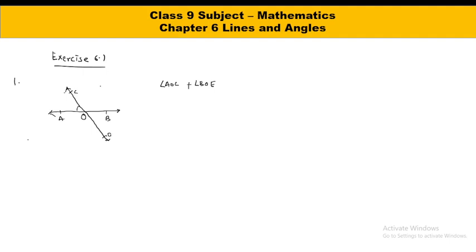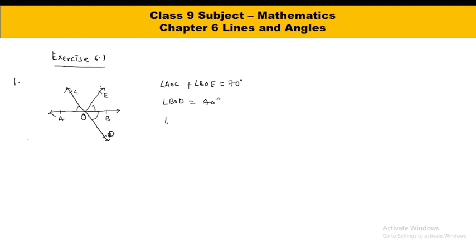You cannot see E here, so it will be a ray OE which is given in this figure from point O. So angle AOC plus angle BOE, when we add together, is given as 70 degree, and angle BOD is given as 40 degree.